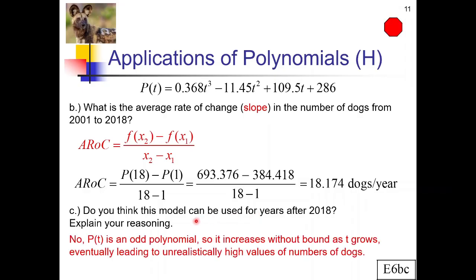The problem is, since this is an odd polynomial, since it's a polynomial in general, this thing is going to increase without bound as your time grows. So eventually you're going to get more and more unrealistically high values for your number of dogs. And all polynomials kind of have this flaw where they eventually go to infinity. So at some point you have to kind of set some boundaries for where your model applies.